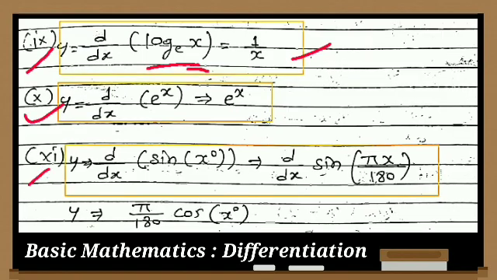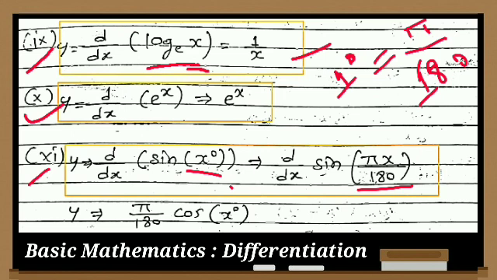In the 11th formula, y equals d upon dx sine x degree. So we can write here d upon dx sine pi x upon 180, because 1 degree is equal to pi upon 180 radian.